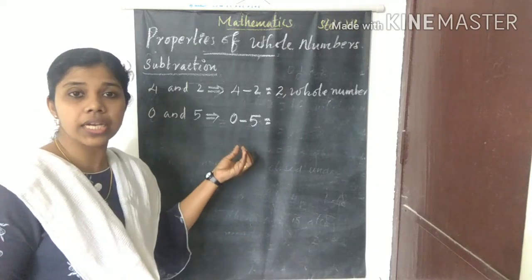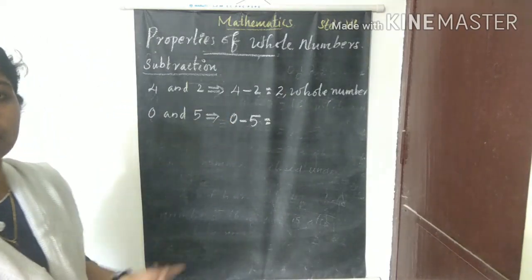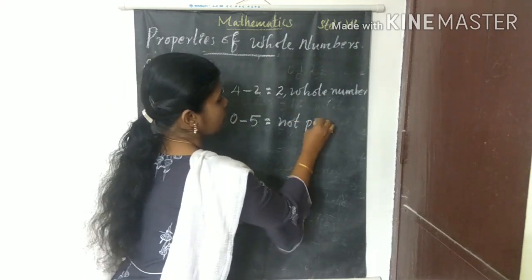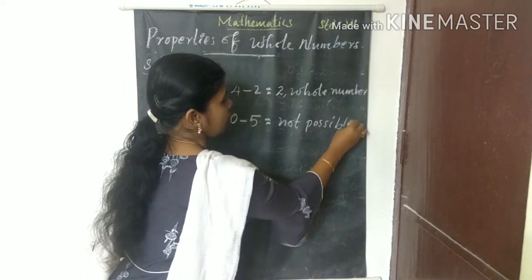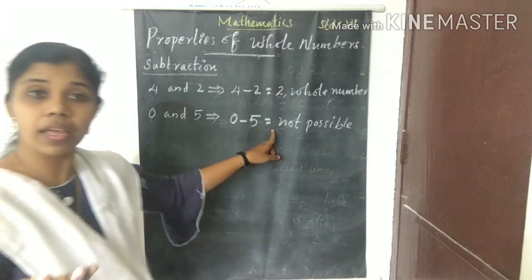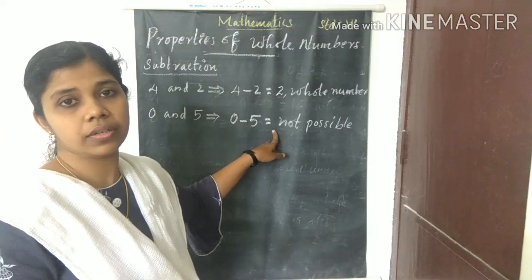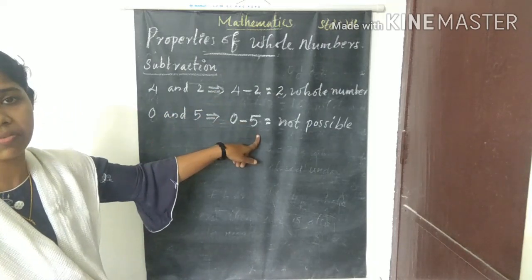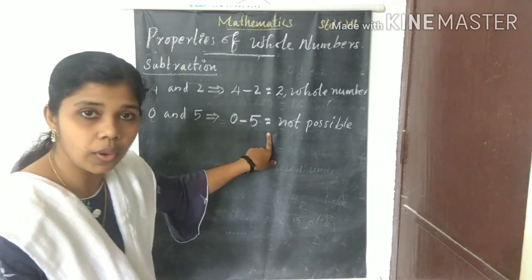From 0, what can be taken away, that 5? It is not possible. Here we do not get a whole number. So here the condition is not satisfied.